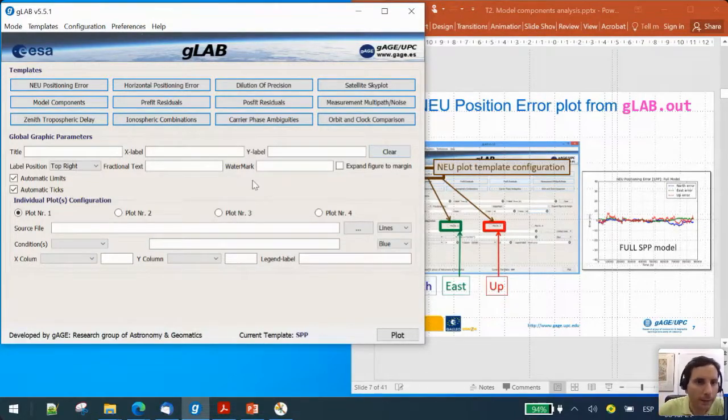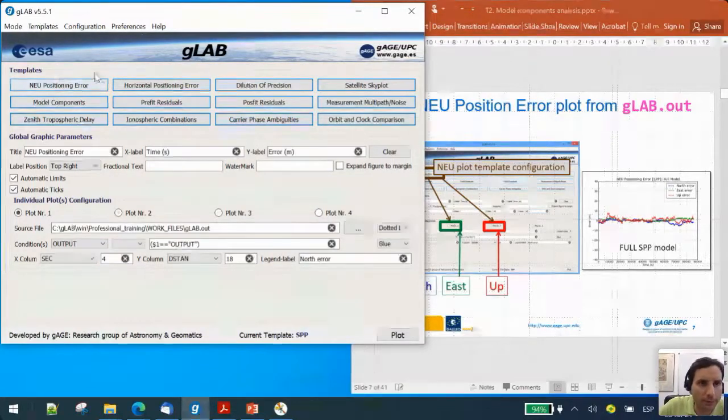For example, here you can see that we can configure up to 4 plots. And so in the same graph, in the same panel, let's say in the same figure, we can plot up to 4 time series, because we think that 4 time series is more than enough for the tutorials that we will be doing here today.